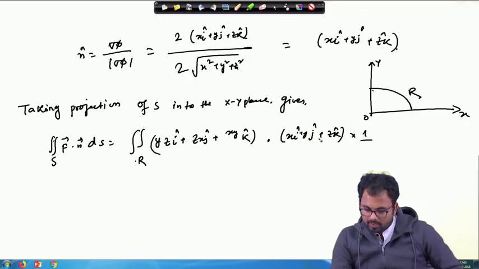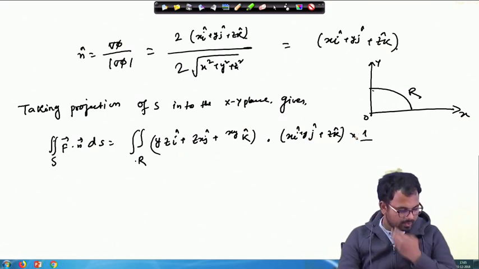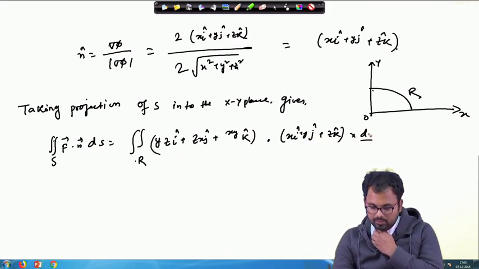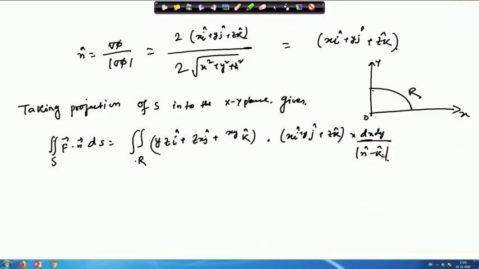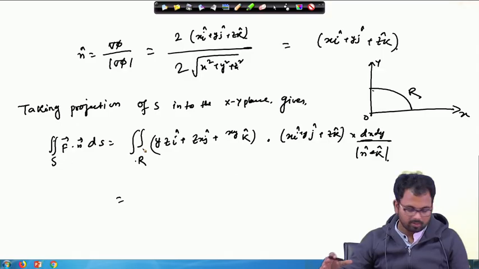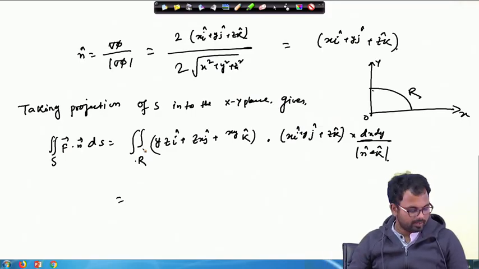So we have n and we have F, and now dS is basically dx dy divided by n dot k, right. R is basically our region after projection, the new place where we are doing the integration.